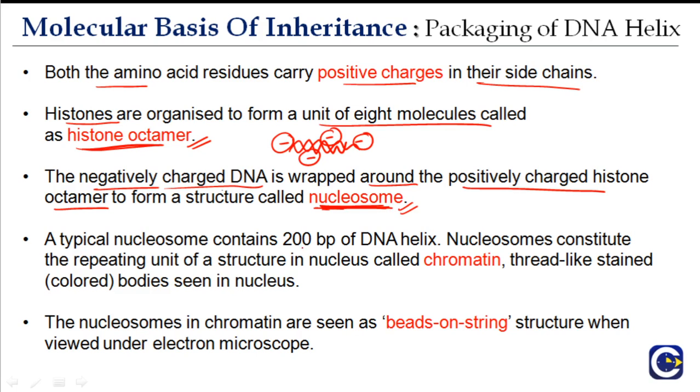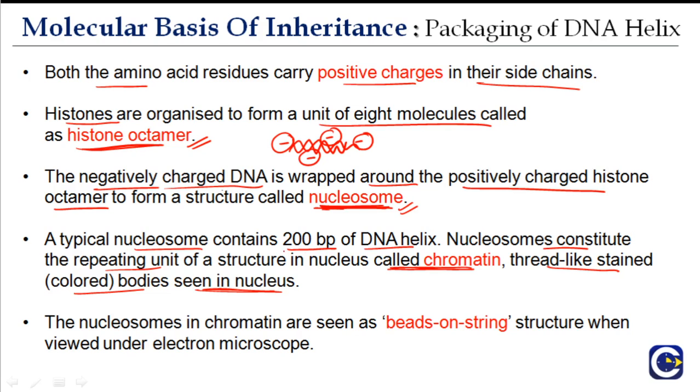A typical nucleosome contains 200 base pairs of DNA helix. Nucleosomes constitute the repeating unit of structure in the nucleus called chromatin, which is thread-like stained colored bodies seen in the nucleus.